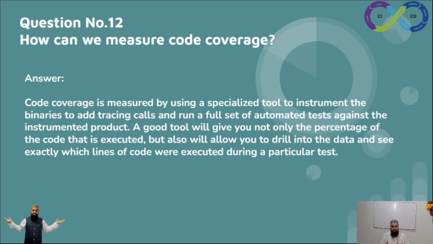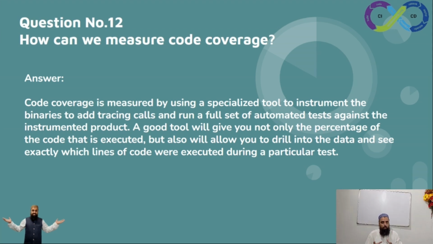So that our full code is checked for any potential issues. We have a full report generated in which our whole code is checked for any potential issues. So that is actually code coverage.